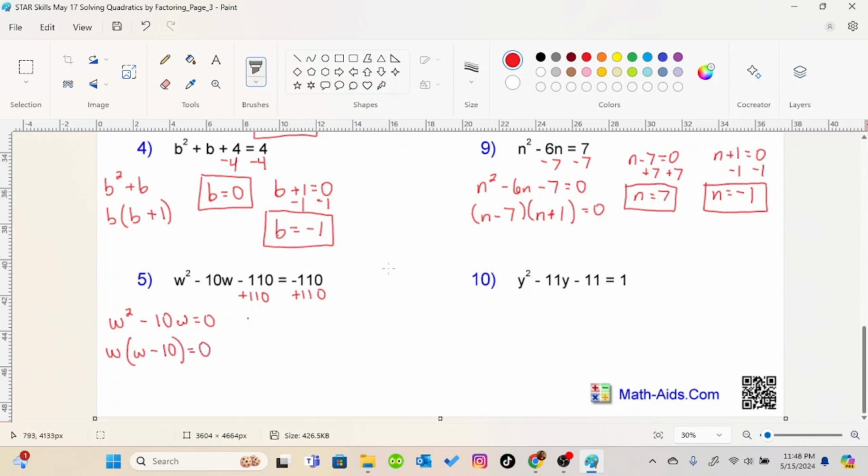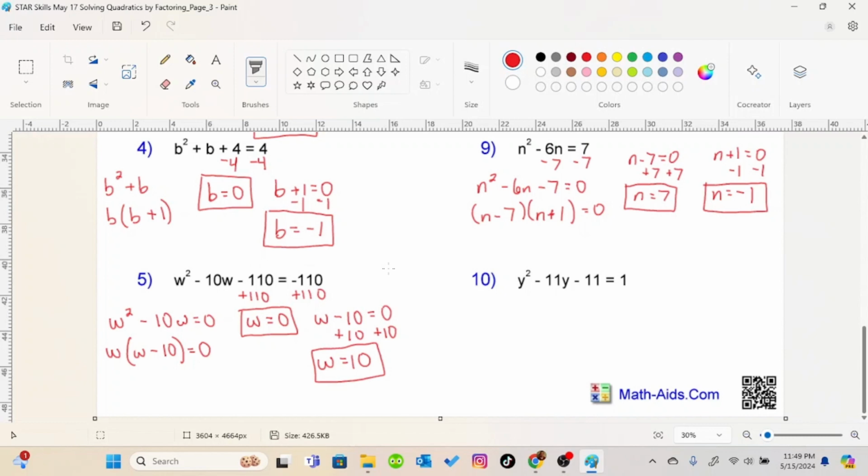We set the first factor, w, equal to 0, and we have our first answer. Then we take the second factor, w minus 10, and set it equal to 0. We'll add 10 to both sides, and we find our second answer, w equals 10.